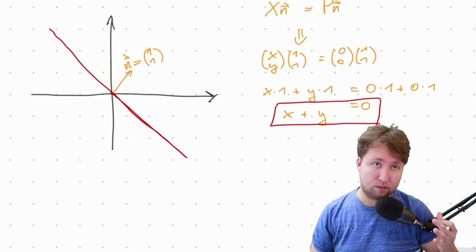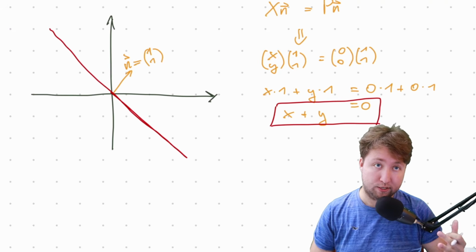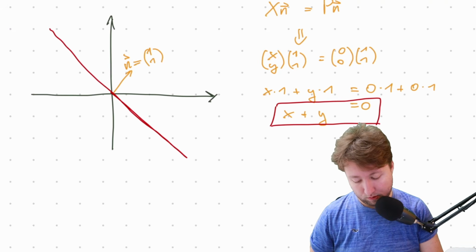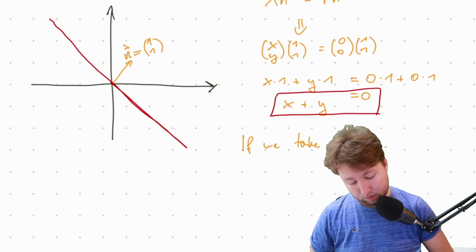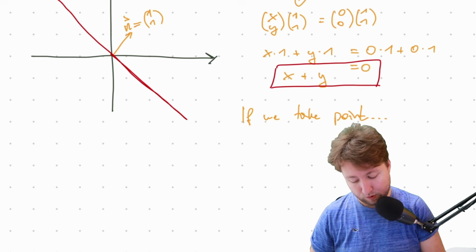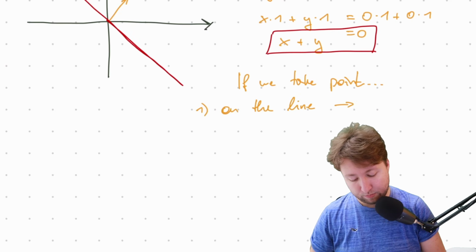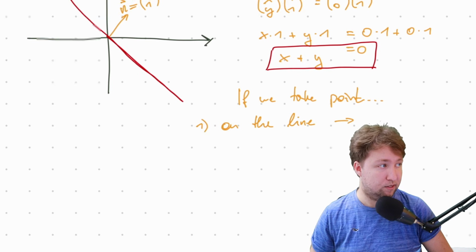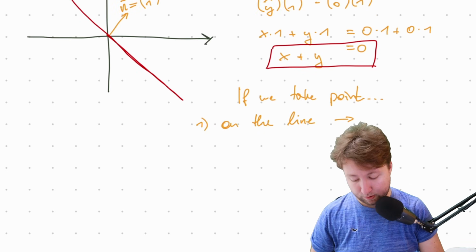And now let's check that this property with walking towards the normal vector or in the other direction of the normal vector checks out. So here's what we need to observe. If we take a point on the line, then the result should be 0, because that's the right hand side in our normal vector equation. Let's check. Let's take some point over here.